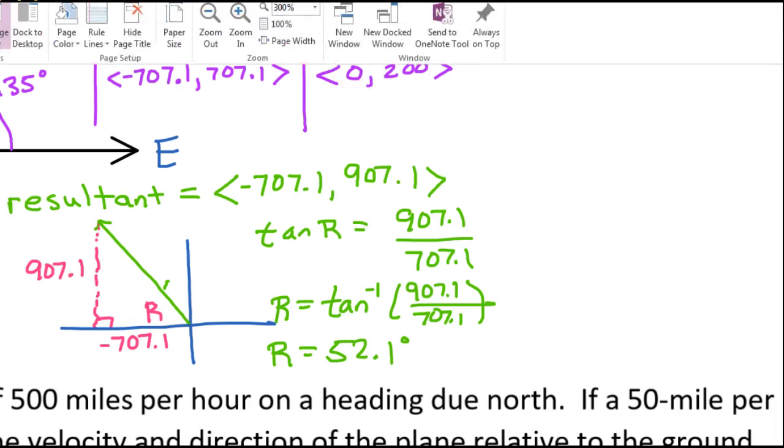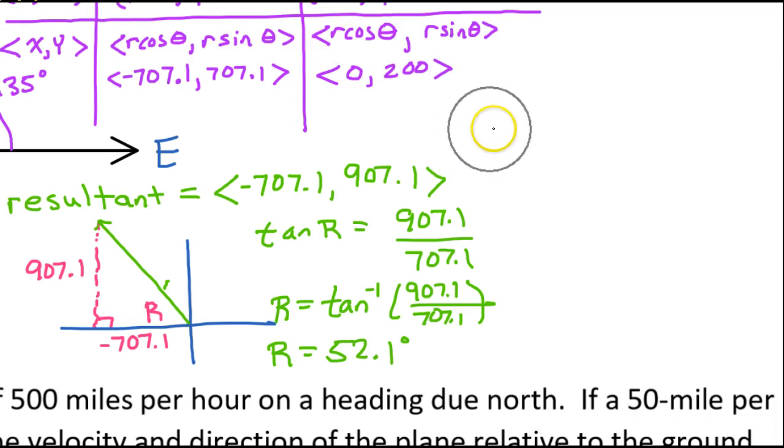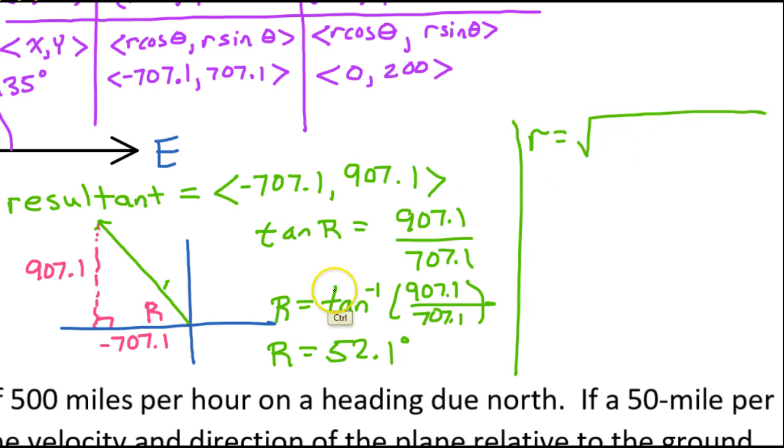All we need to find to be finished with this problem is the magnitude. So I'll just draw a line, and let's find the magnitude, and I can call it R, as I often use R for the magnitude. But that's just going to be the square root of, and then I'm going to square each of these.